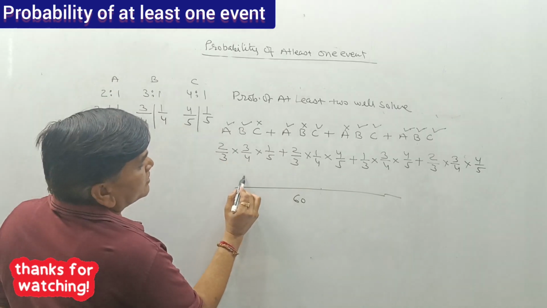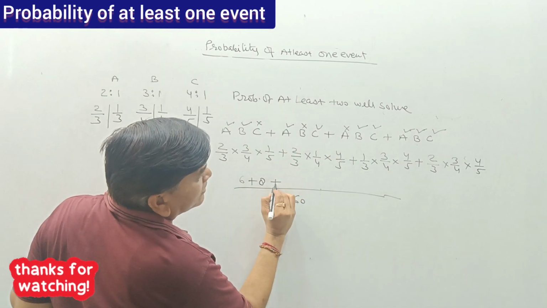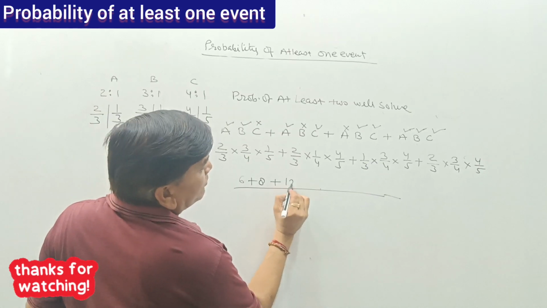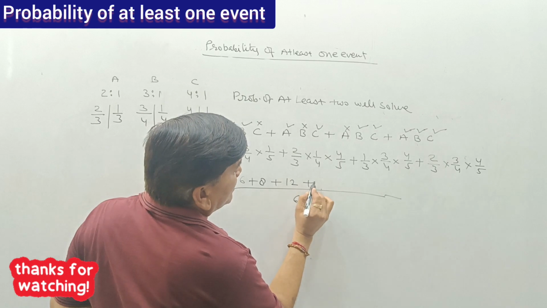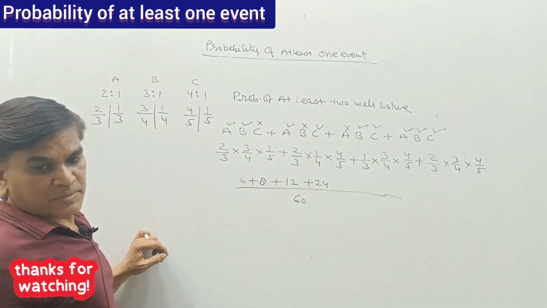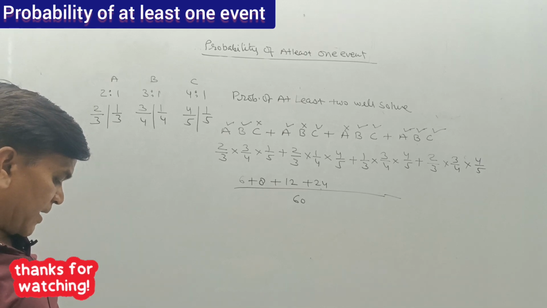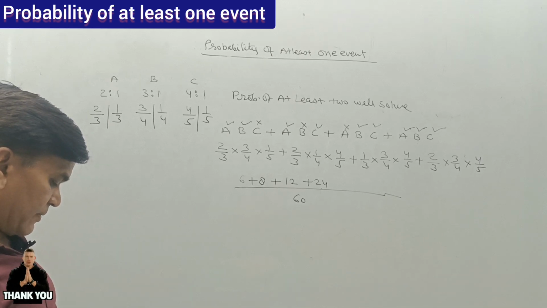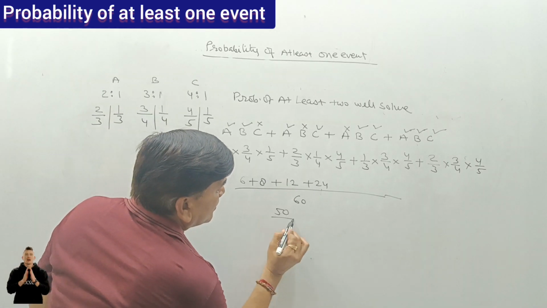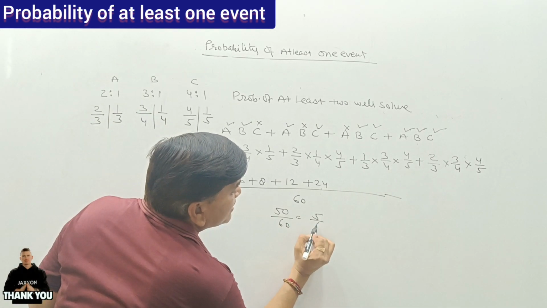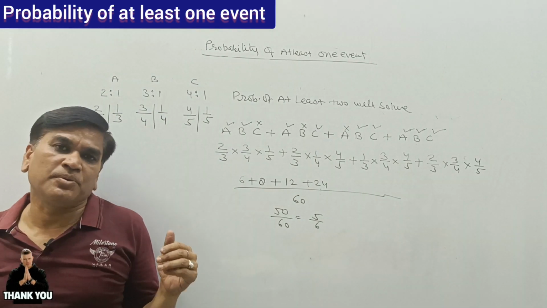Here 6, 8, 12, 24. So 6 plus 8 plus 12 plus 24 is 50 upon 60, or 5 upon 6 chance that the problem will be solved by at least 2.